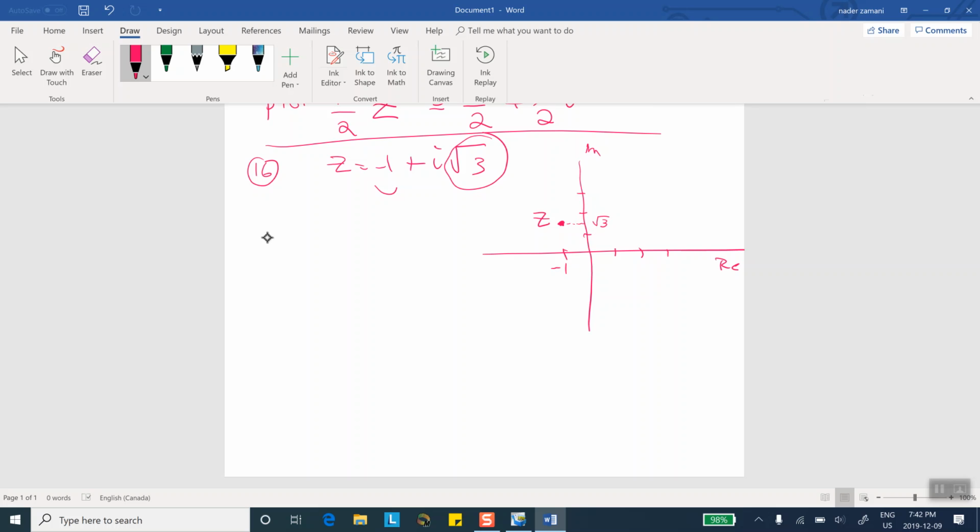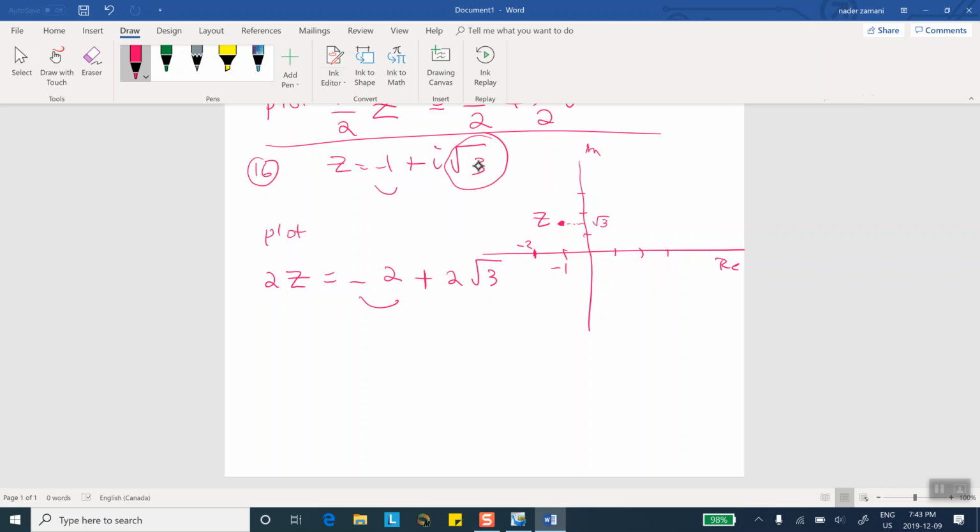And then it says plot, okay, what's the other one? Plot 2z. Well, if this is z, 2z is going to be -2 plus 2 root 3 i. So the real part is -2, so I go to -2, and the imaginary part is, oh, sorry, there's an i here.